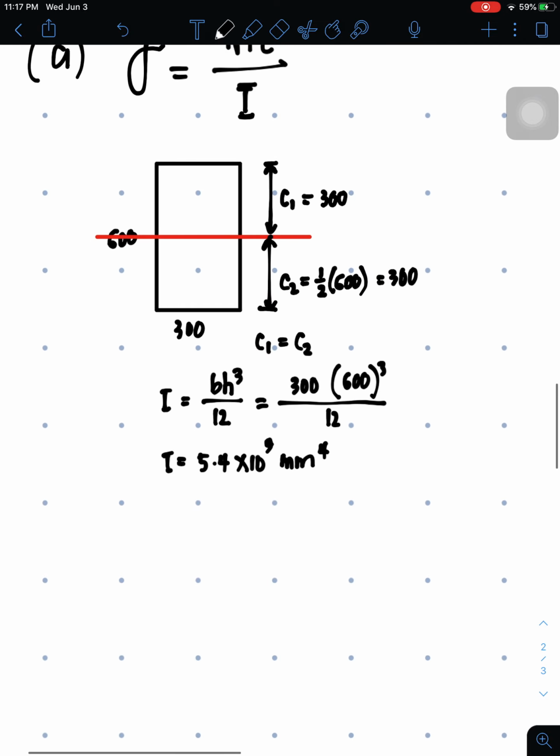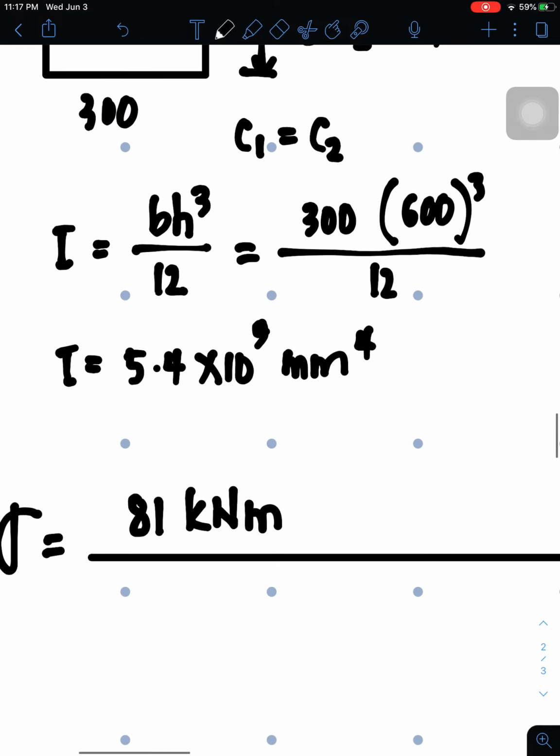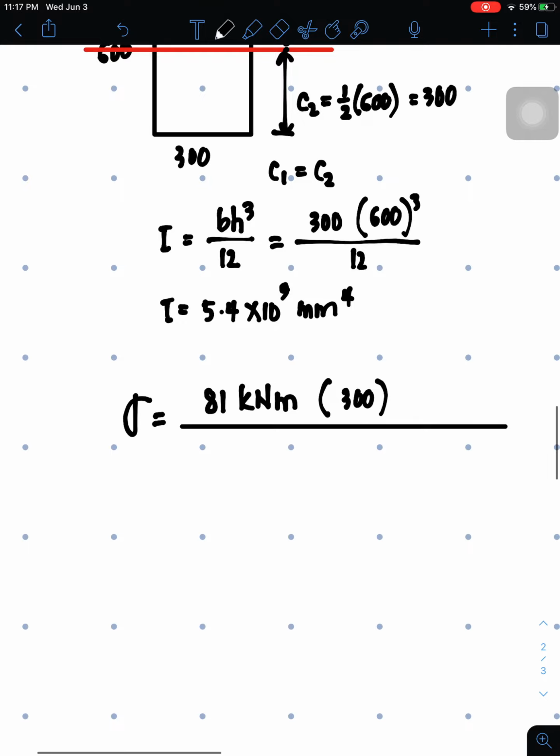Since na-solve na ang mga values, we are now ready to solve for flexure. And our moment here, pila man ang value sa moment, it's 81 kilonewton meter. Then our C is 300. It's 1/2 of 600.